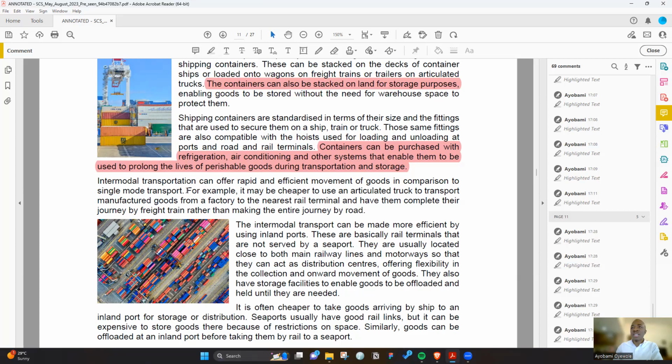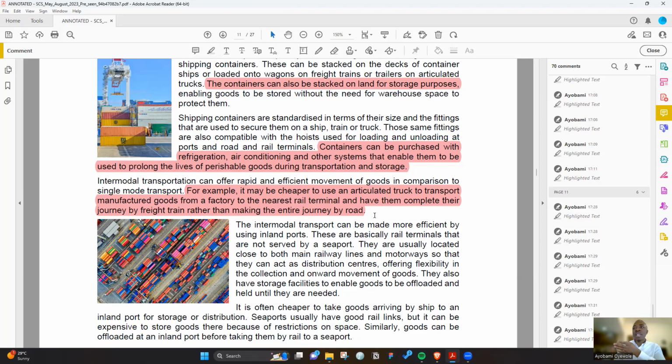So this is an example here that has been given to us. So instead of making the entire journey through articulated truck by road, it might be cheaper to first of all just take the articulated truck from a factory to the nearest rail terminal, and then the rail will complete the journey. So it's all about, once again, managing cost, managing time.